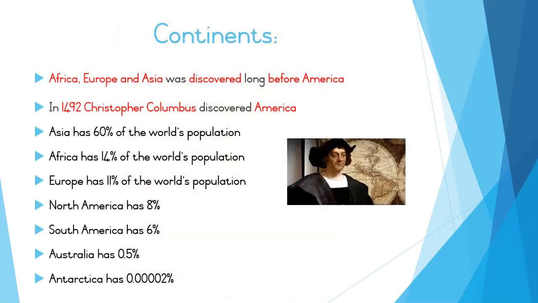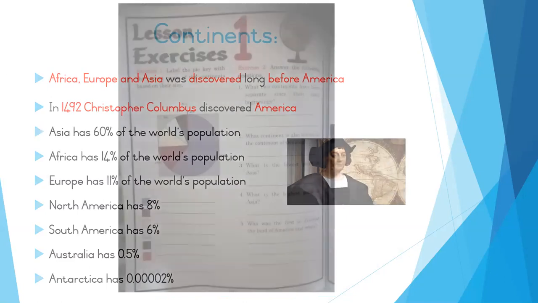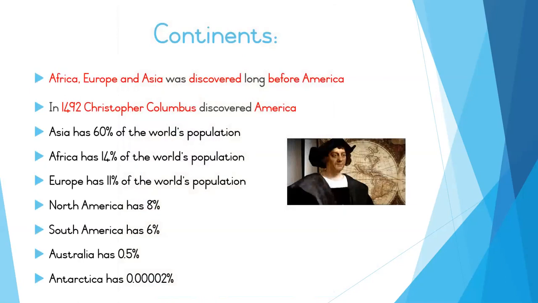So we need to check which color represents which continent. For example, the first color will represent 60%. Which continent has 60% of the world's population? It is Asia. So that will be Asia there for the first block.